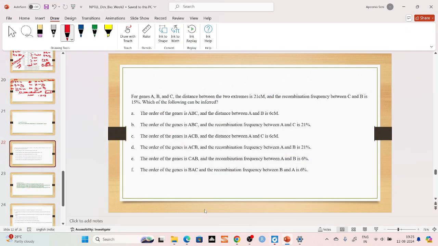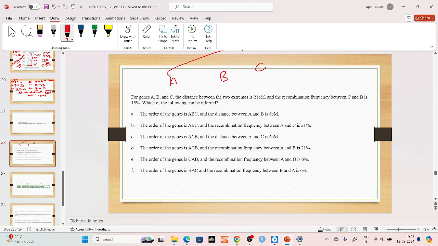Okay, so the question says for genes A, B, and C, the distance between the two extremes is 21 centimorgan. So if I just write these genes A, B, and C at this point of time, I don't know the order, I'm just randomly writing it. Now the distance between the two extremes is 21 centimorgan.